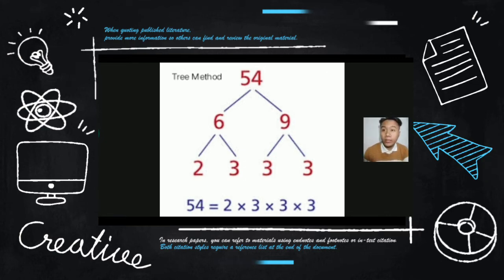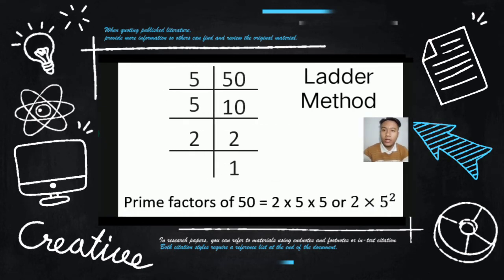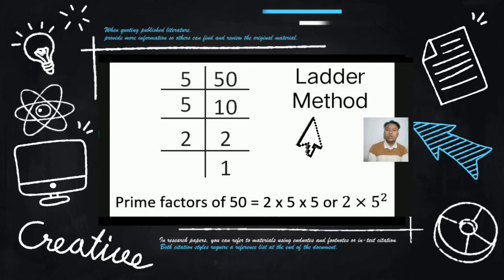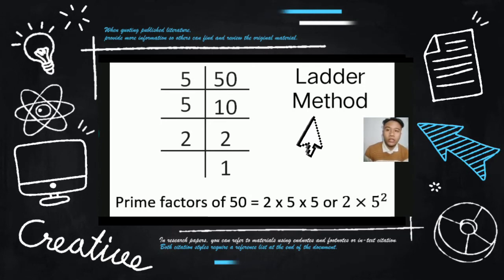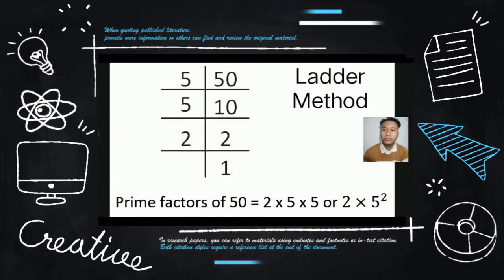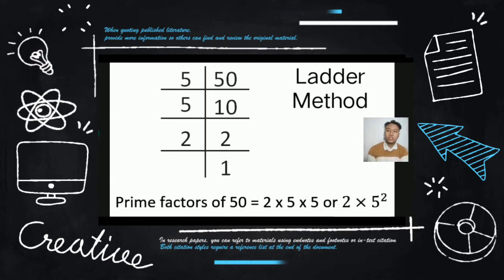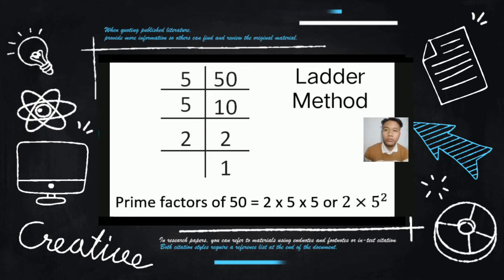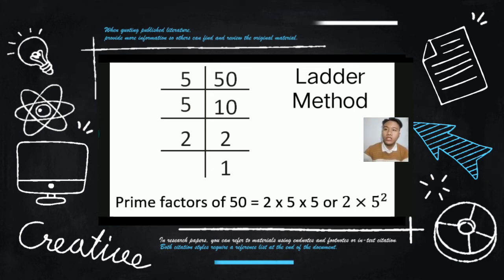So, meron pa isang method na nakita sa Google which is the ladder method. Kaya siya tinawag na ladder method is mukha naman talaga siyang ladder. Ayan. So, ang ginamit naman niya ditong lowest prime factor is 2, 5, 5. So, i-divide niya yung 50 sa 5.